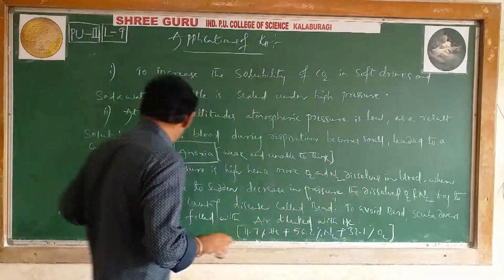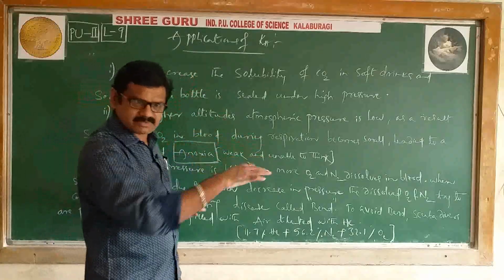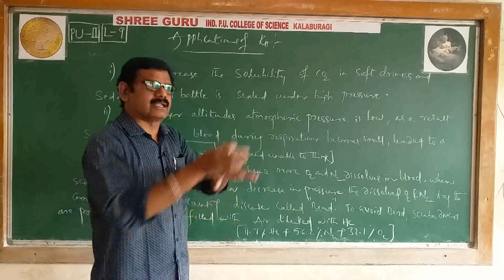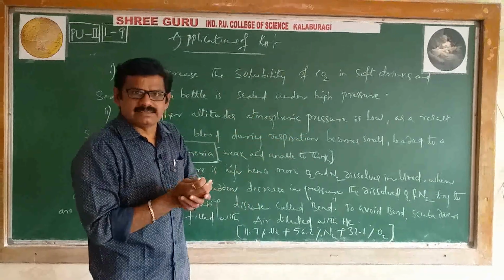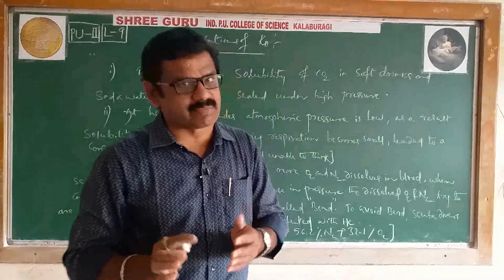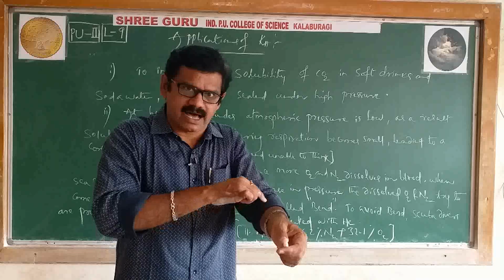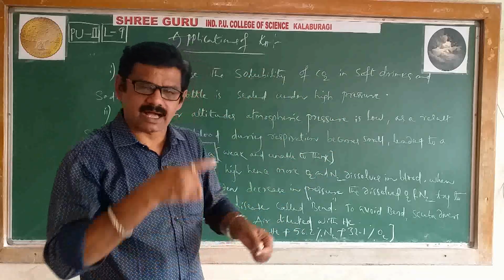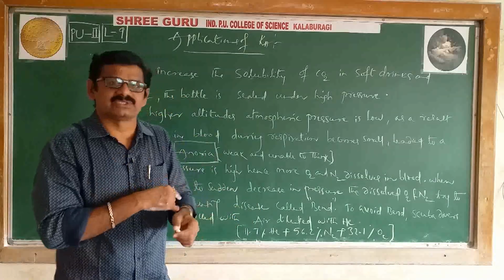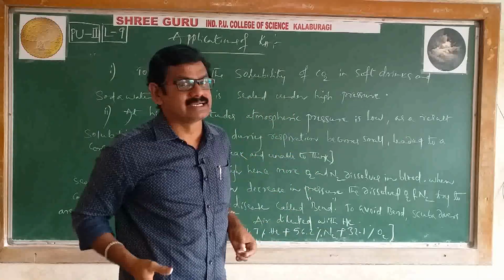The problem is when the sea diver comes up from the ocean, then in the normal earth, that much pressure is not there. Because of the decrease in pressure, already dissolved nitrogen and oxygen gases will come out from the blood cells.